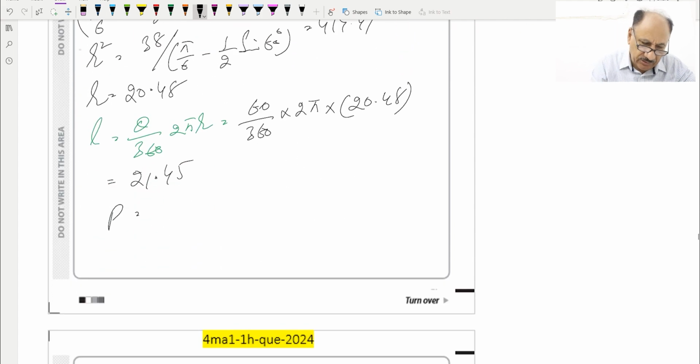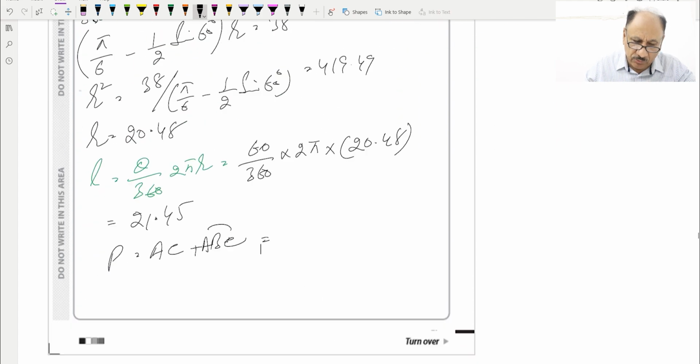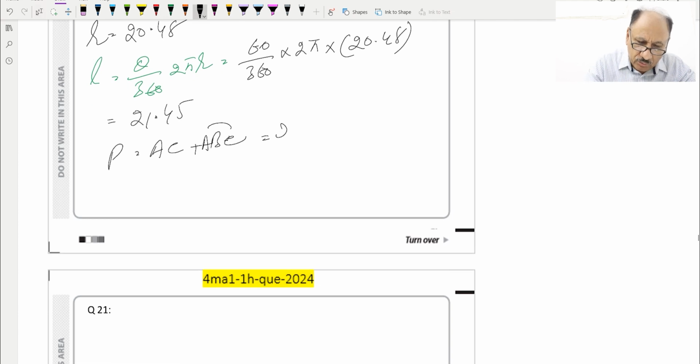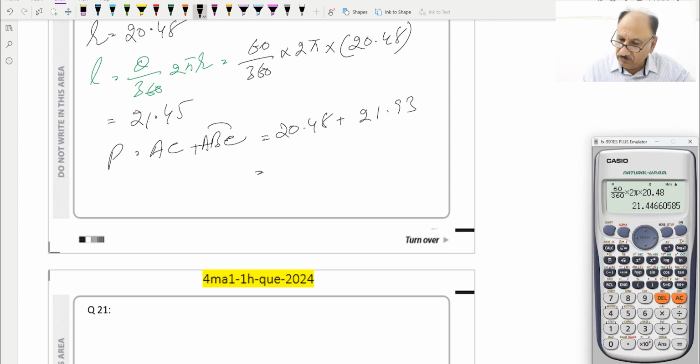Now the perimeter will be equal to AC plus the ABC arc. AC is 20.48. Yes, AC we have directly calculated as 20.48. So 20.48 plus 21.93, we will be adding this.